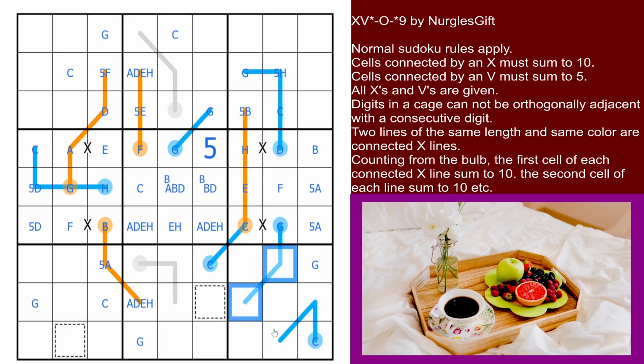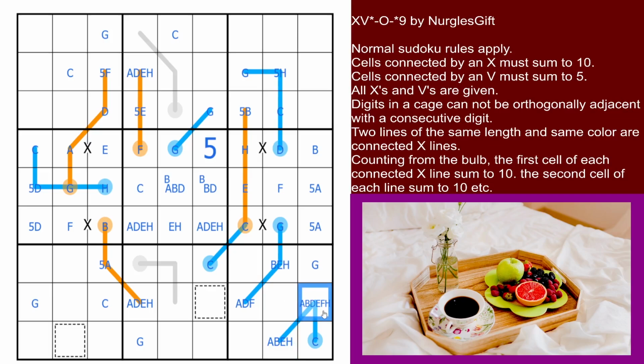Yeah, so all those must be A, E, B, F, D, H. That's not EH. That means that's not AD. That's not F. That's not D, F. Right?